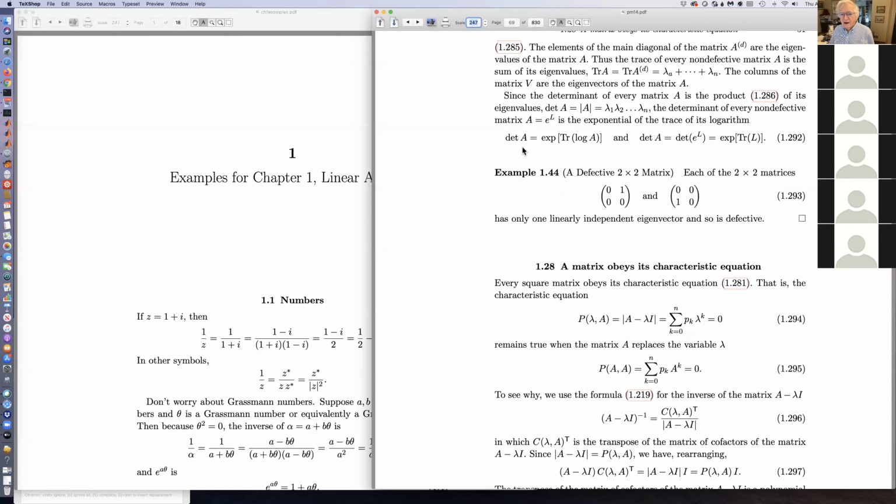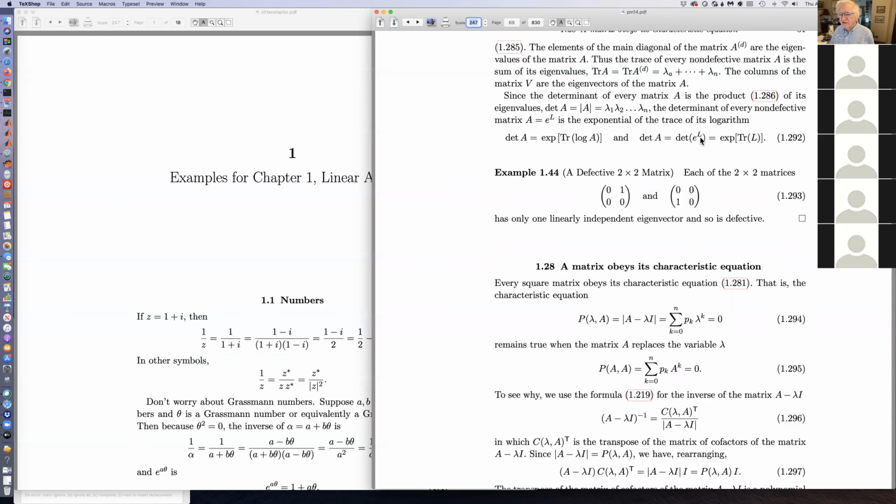And the determinant of a matrix is the product of the eigenvalues, and the determinant of every non-defective matrix can be written as an exponential of the trace of the log. Equivalently, the determinant of e to the L is the exponential of the trace of the log. We can discuss this on Wednesday.